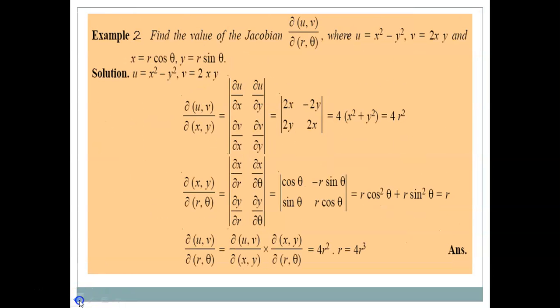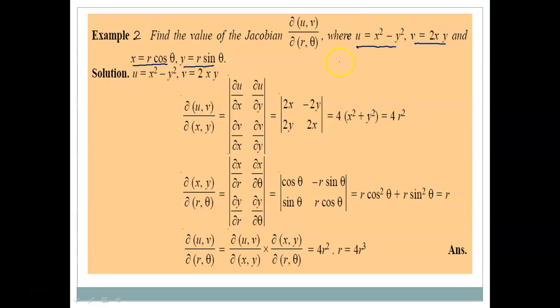Example number 2. Find the value of the Jacobian ∂(u,v)/∂(r,θ). So what is given? Here you are given that u is a function of x and y, v is a function of x and y, and further x is a function of r, θ and y is a function of r, θ.